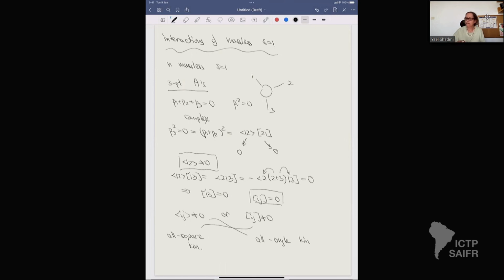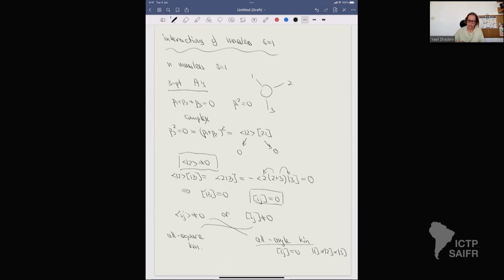And what that means is that, for example, if we're in the all angle kinematics, so all my squares here are 0, that means that the 3 spinors 1, 2 and 3 are all proportional to each other. Similarly, if we're in all square kinematics, then all the angle spinors are proportional to each other.